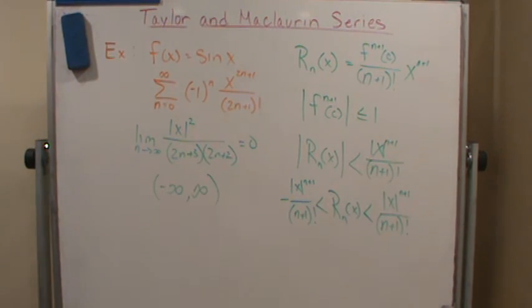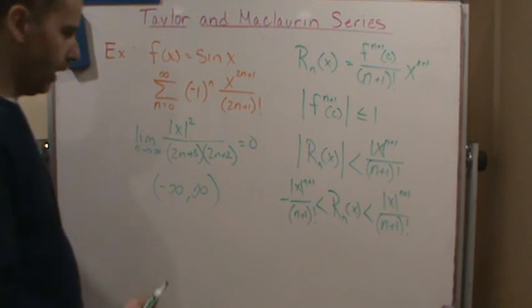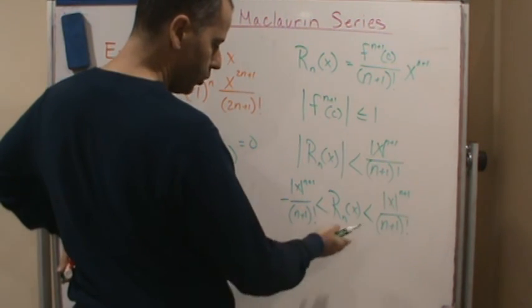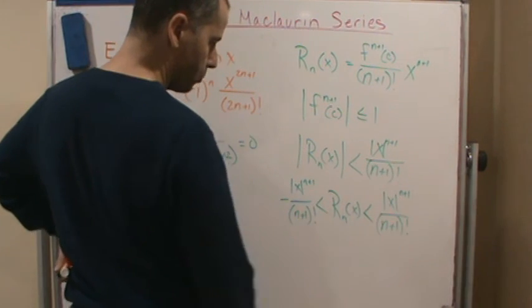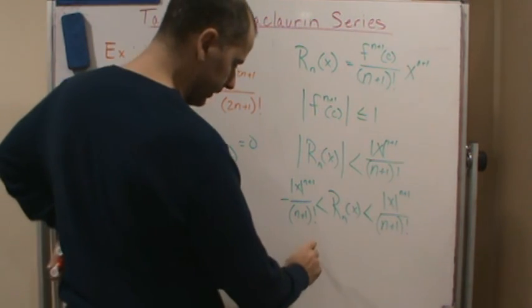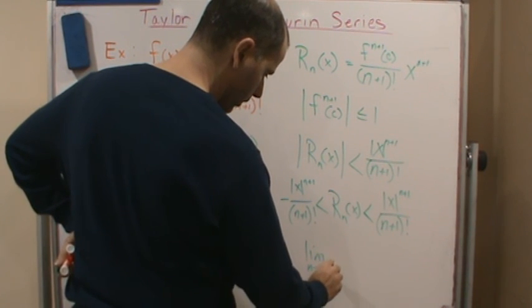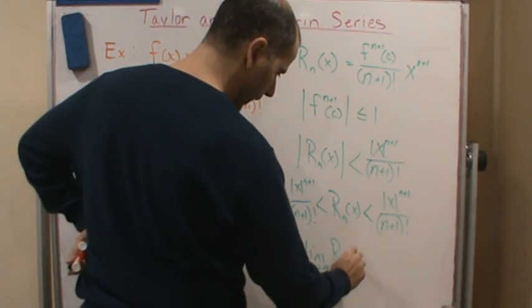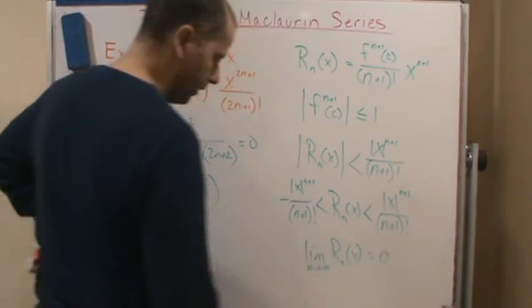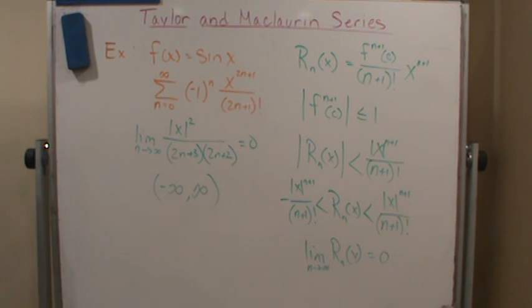Now, again, using the squeeze theorem, if we take the limit of all of these, we find that the limit by the squeeze theorem of R sub n of x is 0 for all values of x. And so thus, the Maclaurin series for sine x converges to sine x for all real numbers x. And that's it.